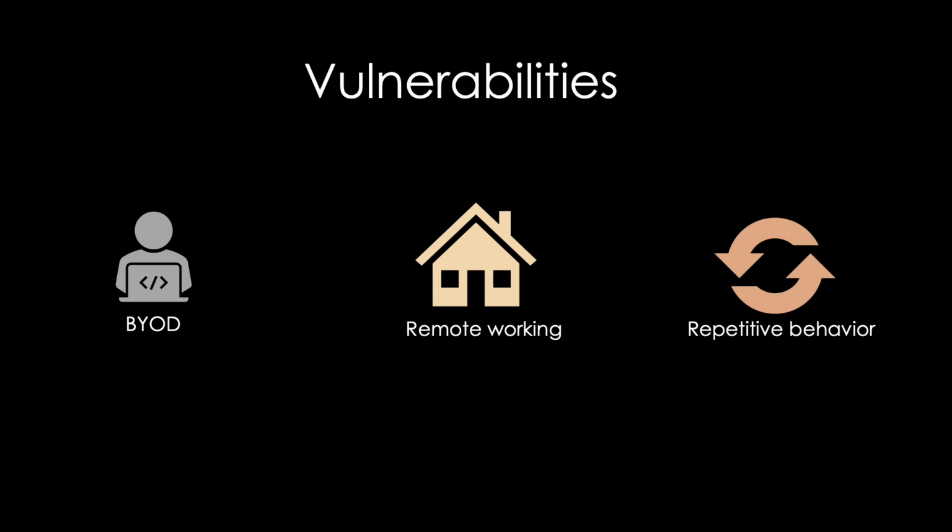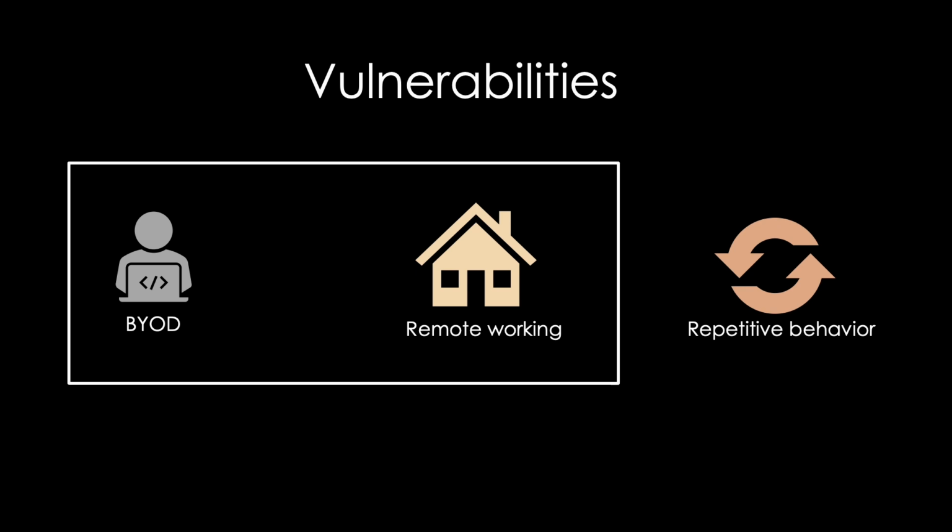If there is repetitive behavior, then you can maybe exploit that. So bring your own device and remote working are definitely here to stay. This is not going to go away anytime soon. And the repetitive behavior is something that maybe can be mitigated by talking to your employees regarding the stuff they download or the stuff they upload somewhere.